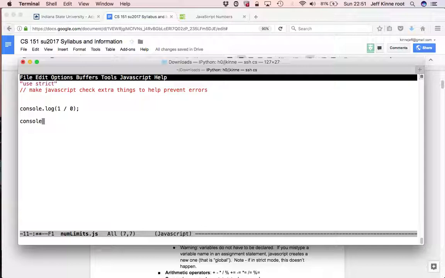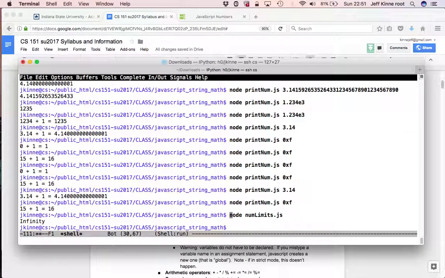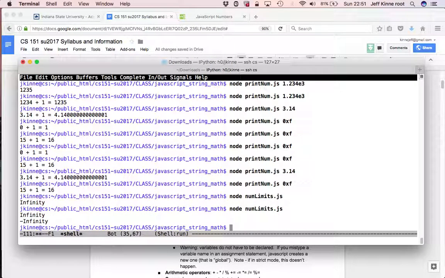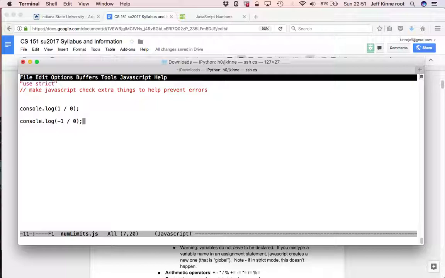All right, let's do negative 1 divided by 0. Negative infinity. So I'll say console.log, let's put it in here, 1 divided by 0 equals plus, and then we'll have the value. And we need to put the value in parentheses because we want it to actually evaluate it before converting anything to a string there.